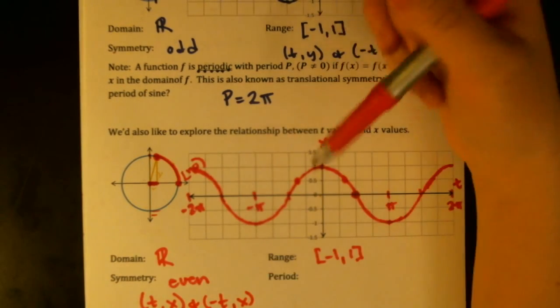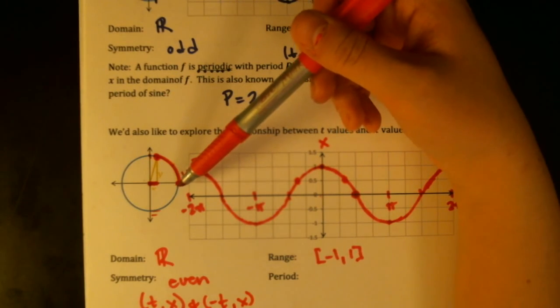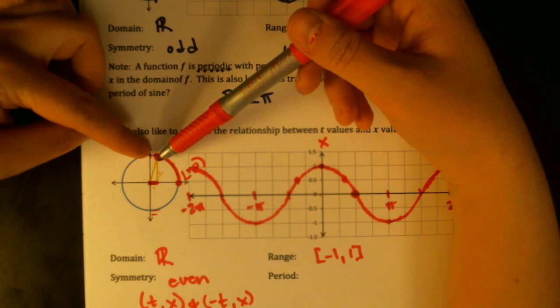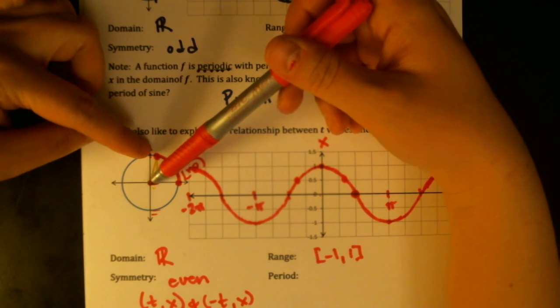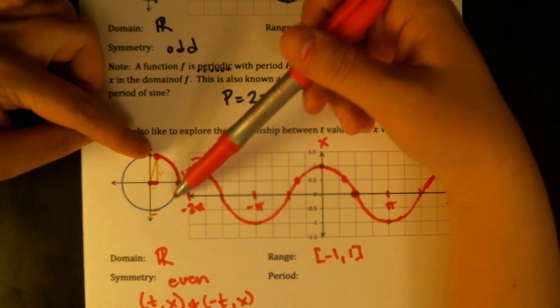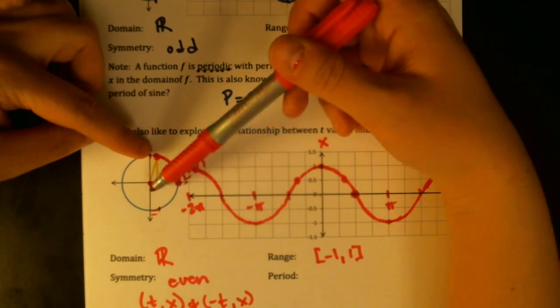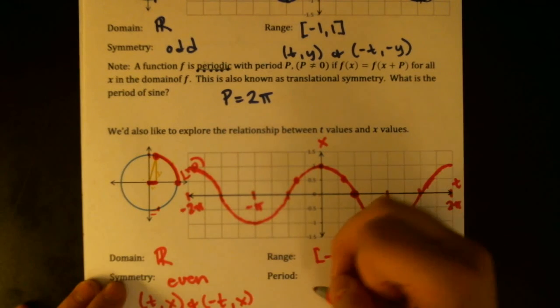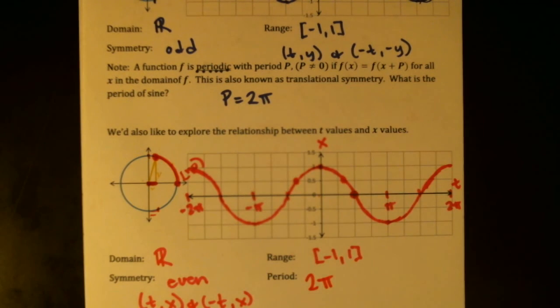So that's how even looks. On the circle, we're saying if you go one direction, t units, you get a certain x. If you go the opposite direction, t units, you actually have the exact same x. And once again, the period is 2 pi. You have to go all the way around the circle to get the full pattern for your x values.